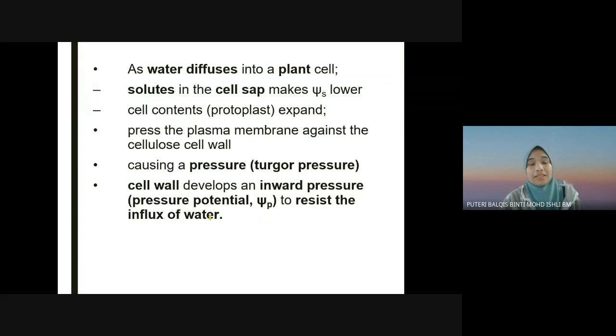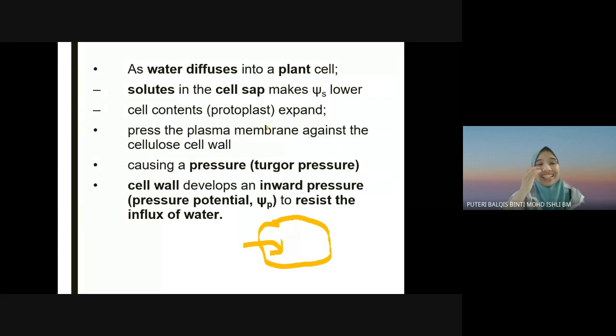In plant cell, once water diffuses into the plant cell, solutes in the cell sap make the solute potential lower. Cell content akan expand.